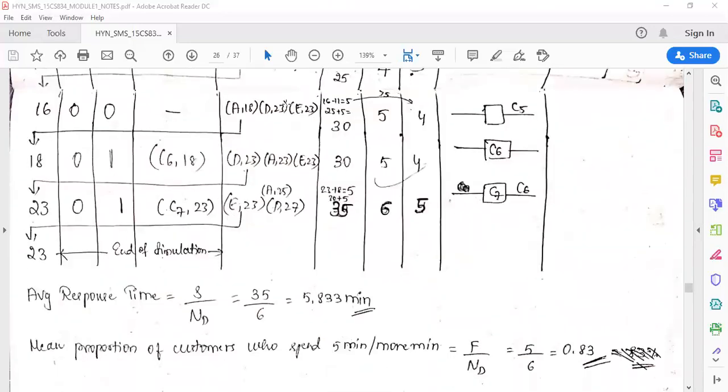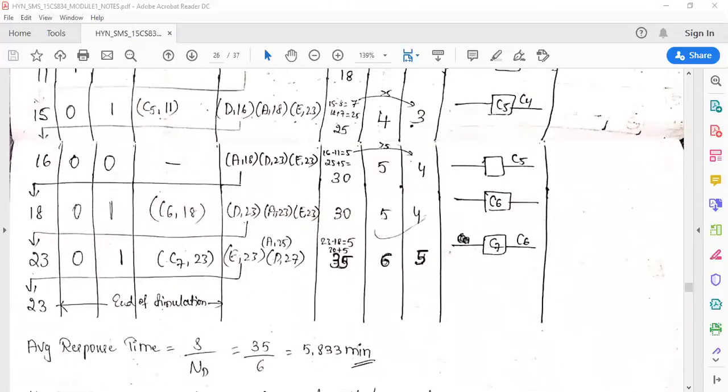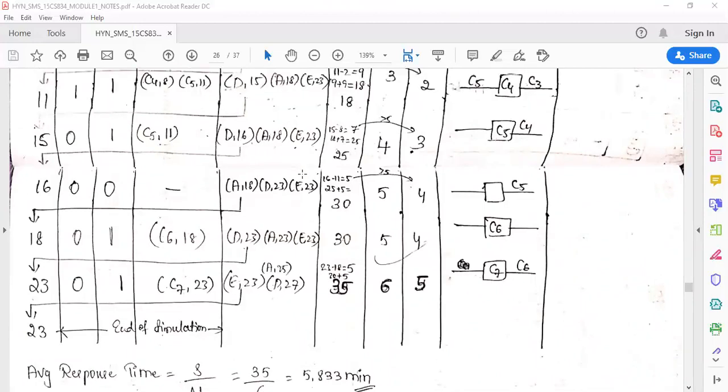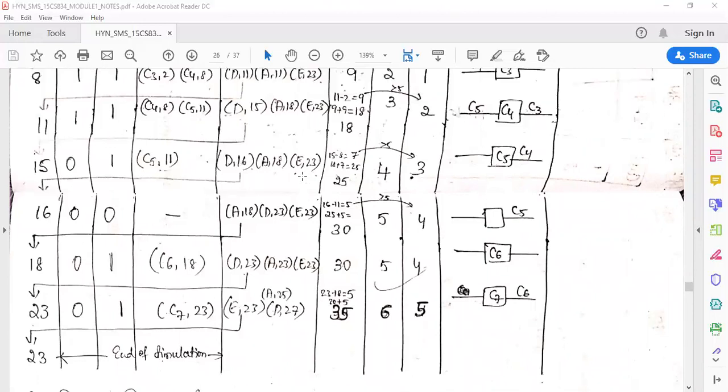But before writing D comma 23, you have to write E comma 23 because that is the next one. So E comma 23, D comma 23, and A comma 18. Like this you have to write. One more departure, so 5. Again calculate the response time, same thing: departure time minus the arrival time.